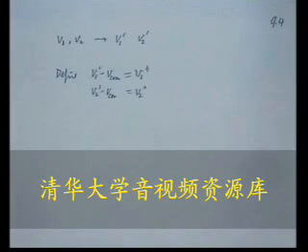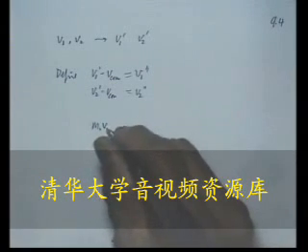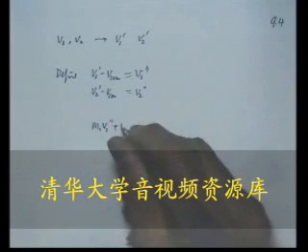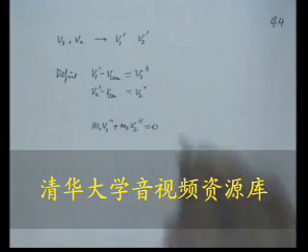So now let us try to ask what is the conservation of momentum. The conservation of momentum means that the original kinetic energy, the original momentum, I claim m1 v1 double prime plus m2 v2 double prime is equal to 0.